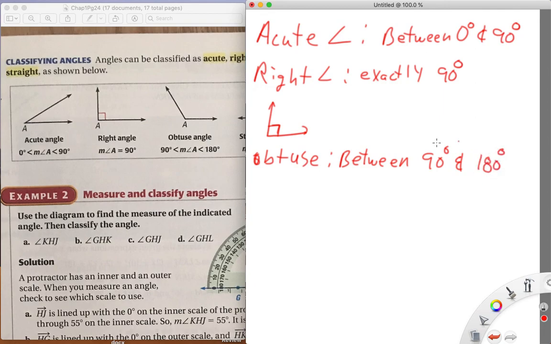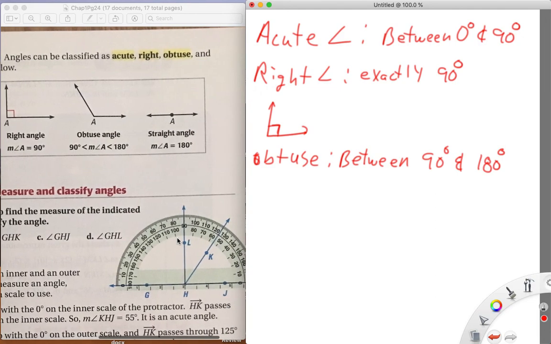And actually, I'll draw these types of angles in a second. Then we have a straight angle. A straight angle is a straight line, and that's exactly 180 degrees.